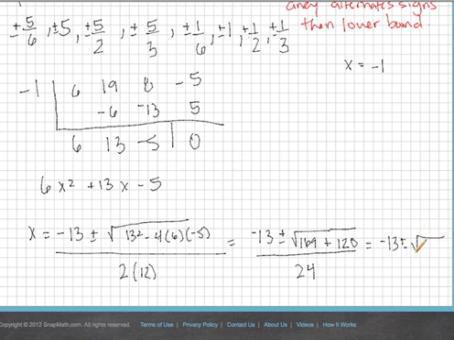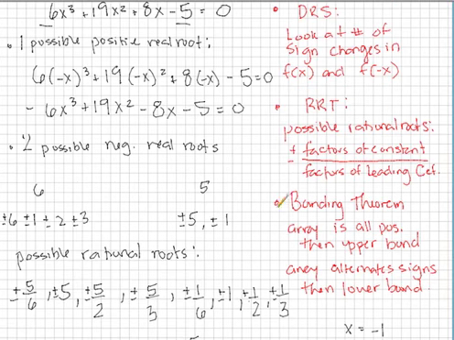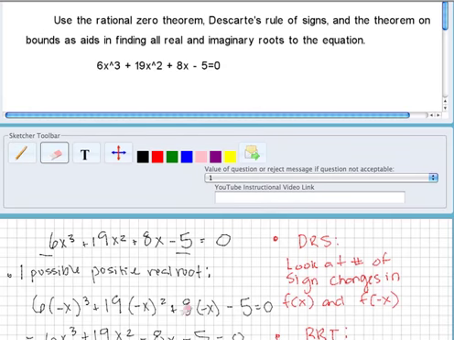To the square root of 289 over 24. Square root of 289 is 17. So my other x roots are x equals -13 plus 17 over 24. Whoops. That turned into a 24. It's supposed to be a 12.